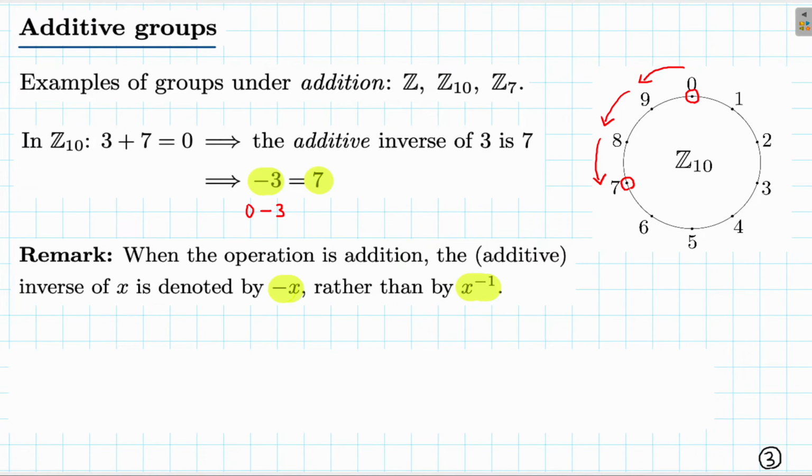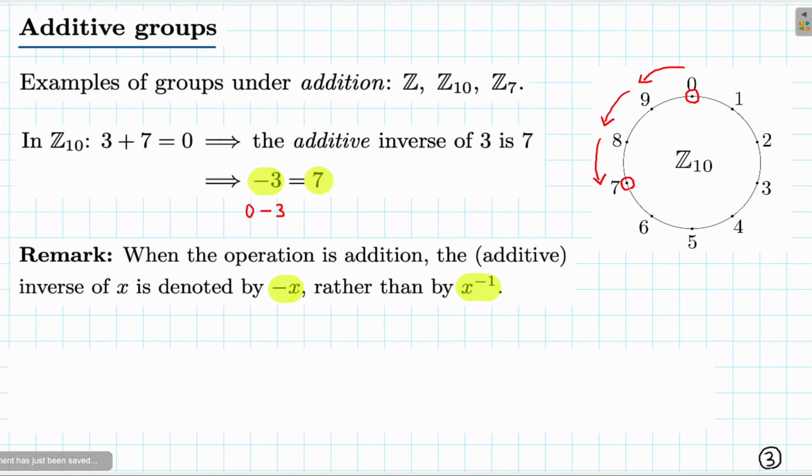This refers to the multiplicative inverse, and that's when the operation is multiplication. So when the operation is specifically addition, we would use -x to denote the additive inverse, rather than x to the minus 1, because this notation is reserved for situations where the operation is multiplication.